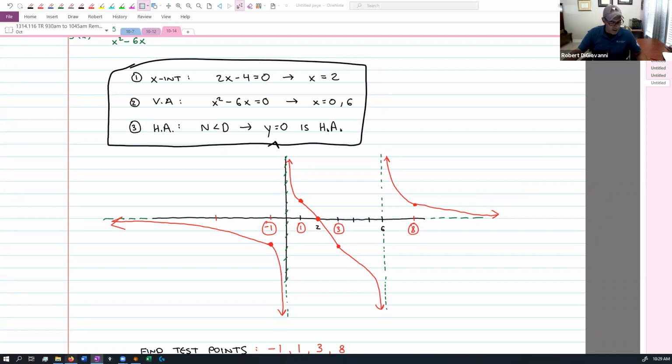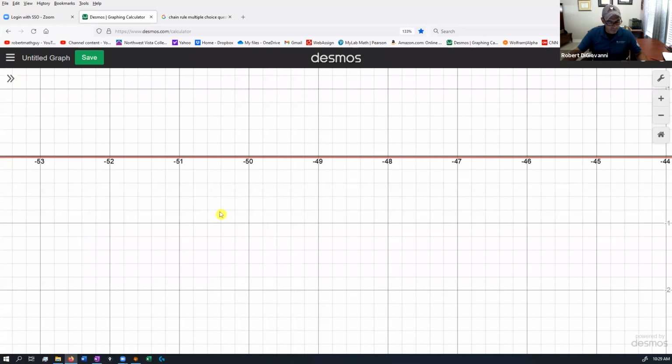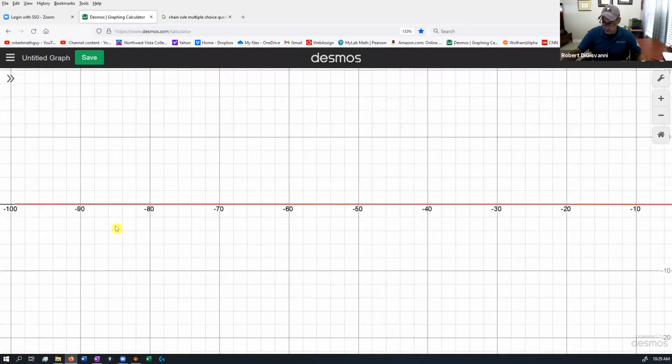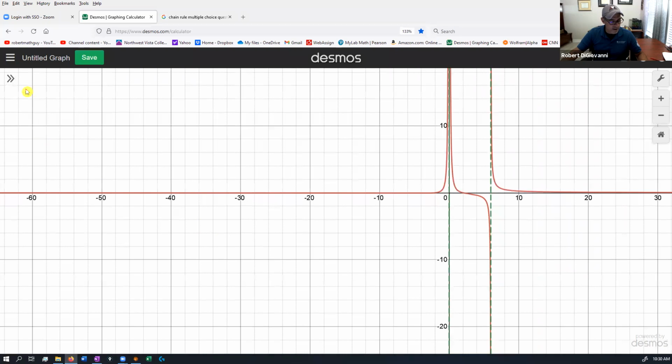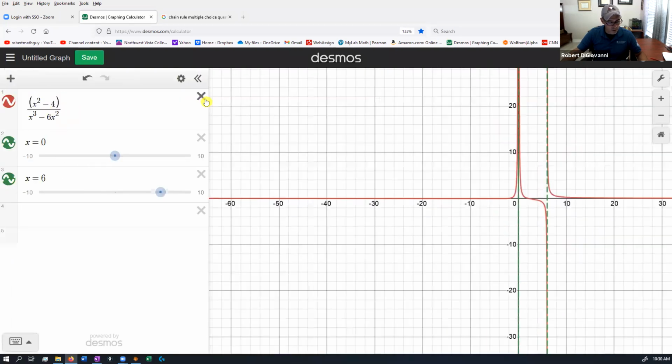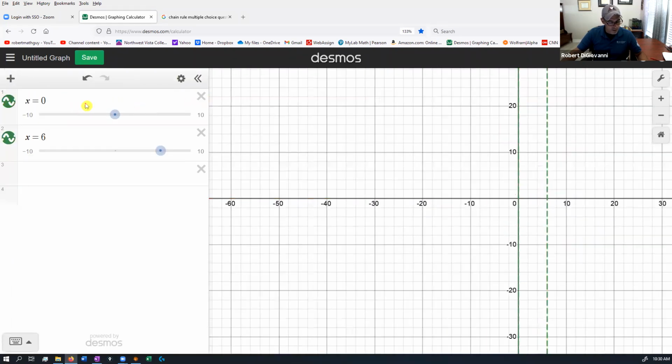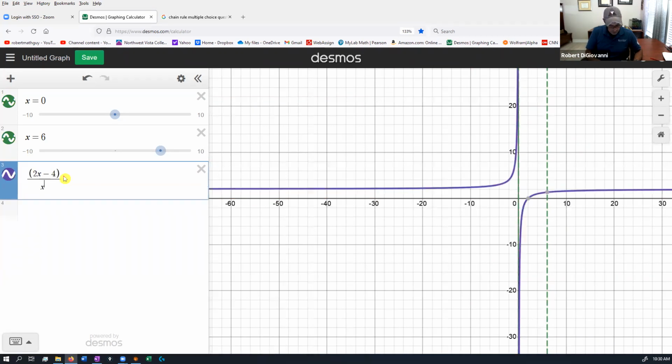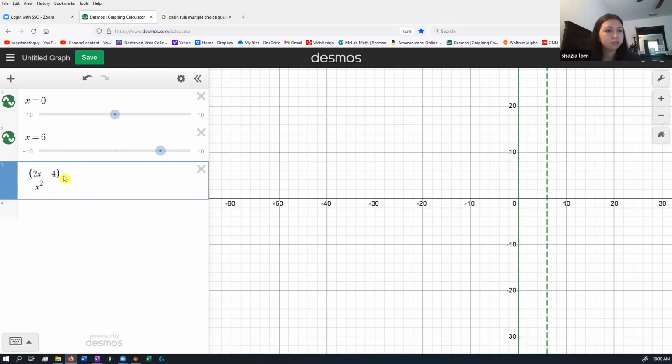Do we want to look at the graph of that just to confirm? Let's just look at that graph and confirm that that's what it looks like. So we have, it was 2x minus 4, correct me if I'm wrong, over, what was it, x squared minus 6x, right?